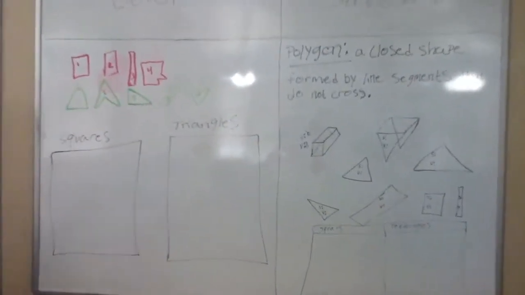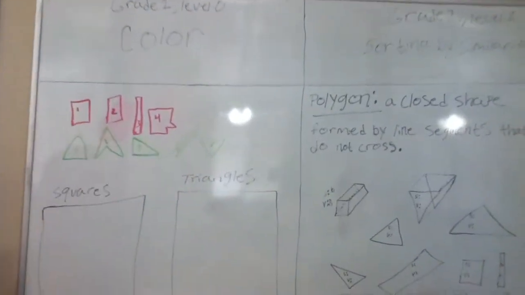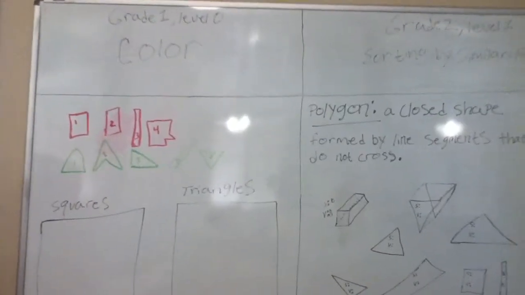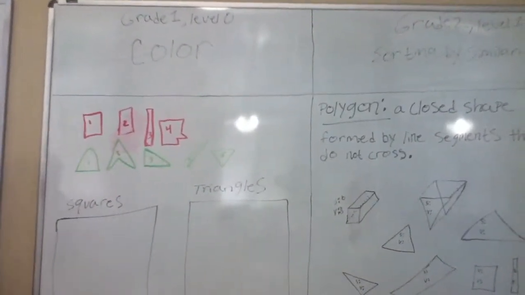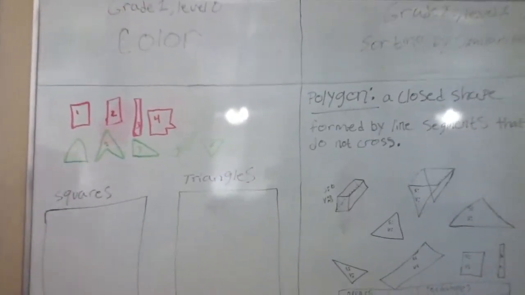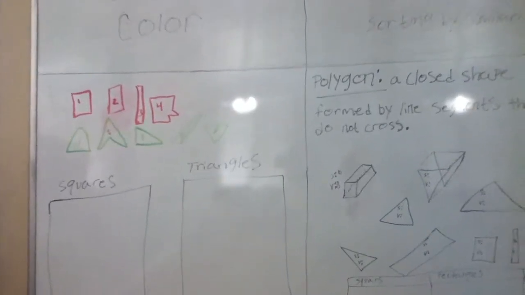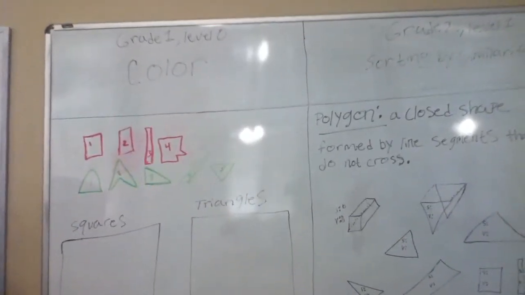Okay, so for grade 1, to get them to level 0, I will use the color strategy. What we're going to be doing is classifying and sorting regular and irregular two-dimensional shapes based on attributes using informal geometric language.